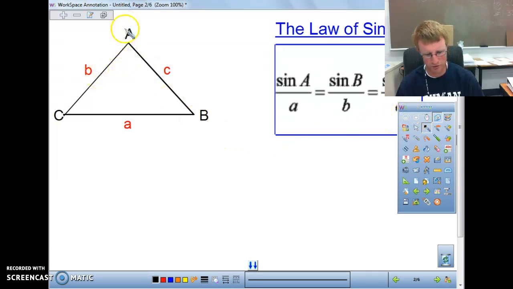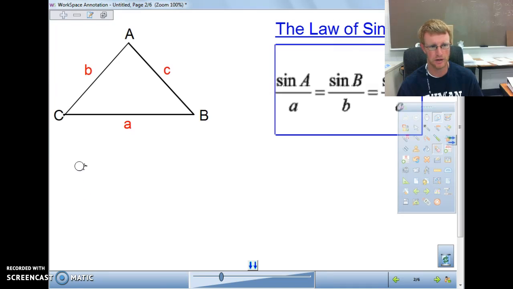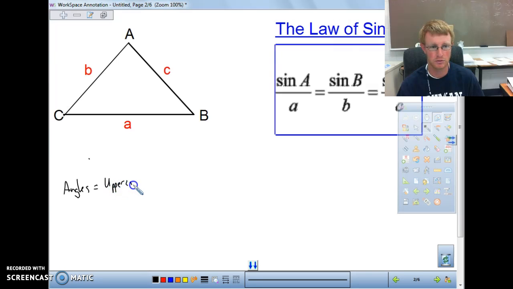But when you look at your triangle, let's make sure that we label it correctly. Notice we always do angles uppercase, and sides are always lowercase.